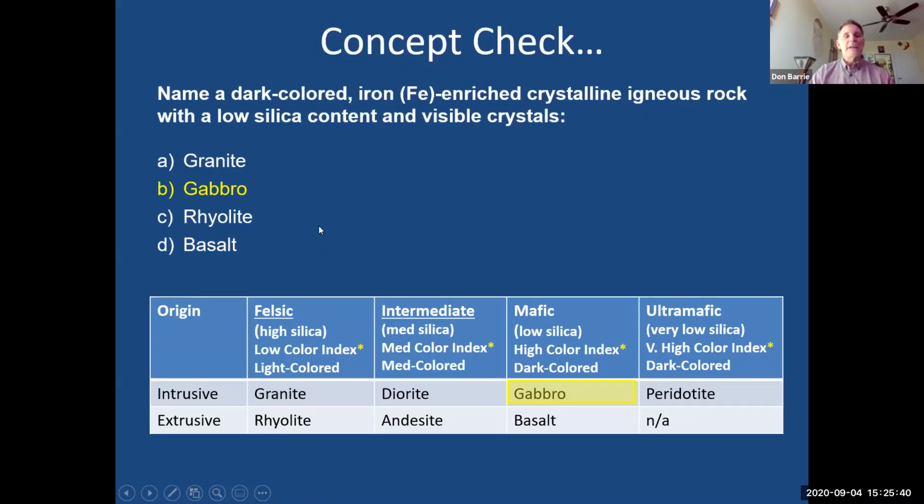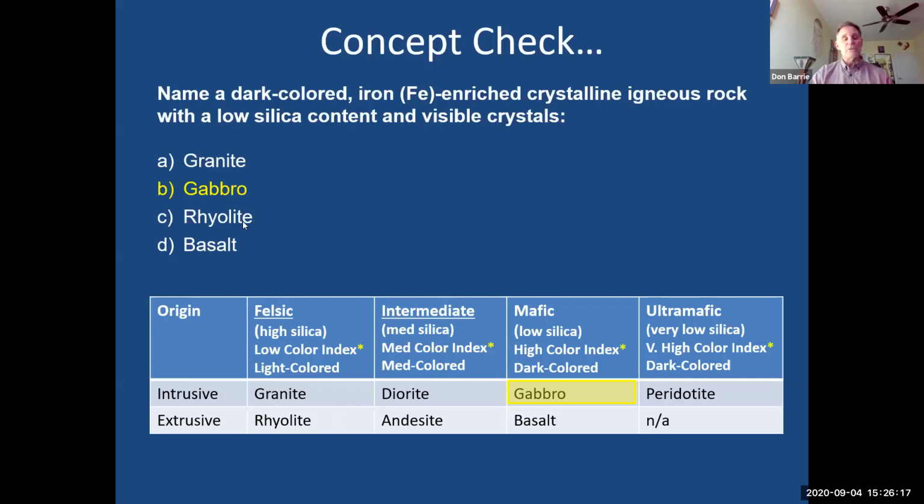Here's another one. Name a dark-colored, iron-enriched crystalline igneous rock with a low silica content and visible crystals. Let's work backwards. Let's work from the end to the beginning. Since the crystals are visible, that automatically tells us that we're dealing with an intrusive igneous rock. So it has to be one of these four possibilities right off the bat. And then because the rock is described as having a low silica content, we can immediately rule out granite. Granite, being felsic in composition, has a high silica content.